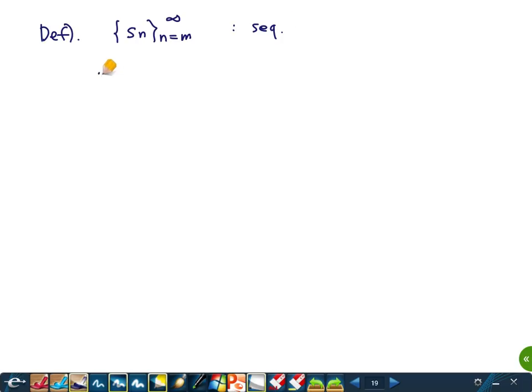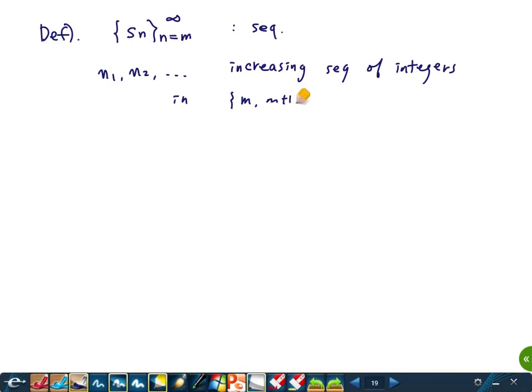Let's say n1, n2, ... This is an increasing sequence of integers in m plus 1, m plus 2, etc. So you just select some of them, or infinitely many of them, and then write them in increasing order like this. So that gives us another sequence, right?